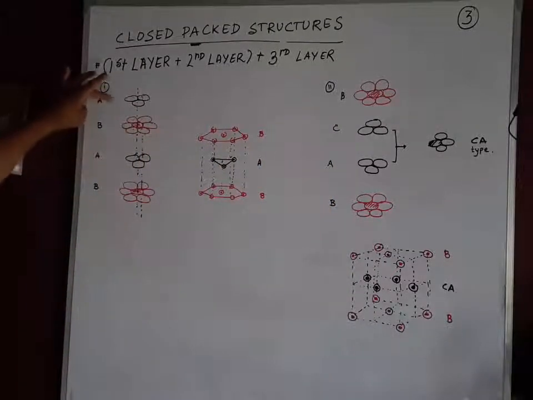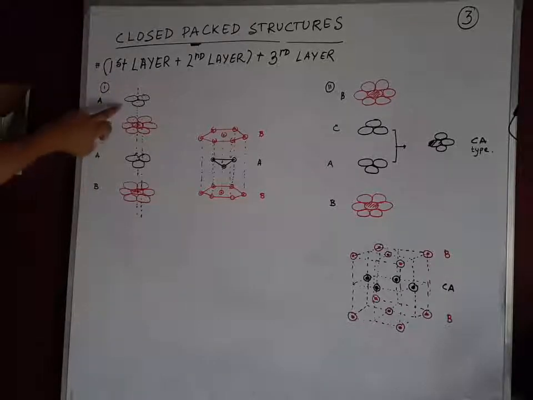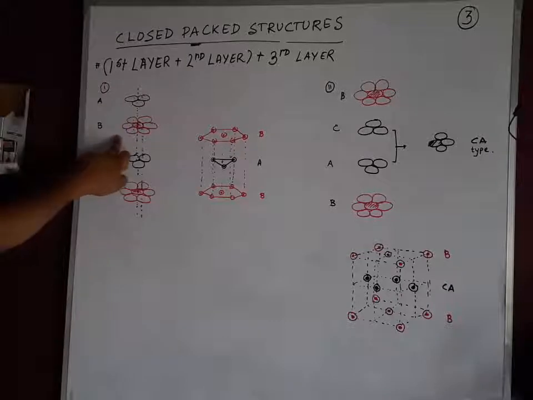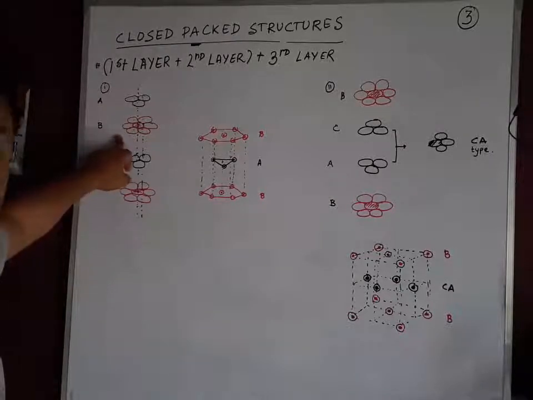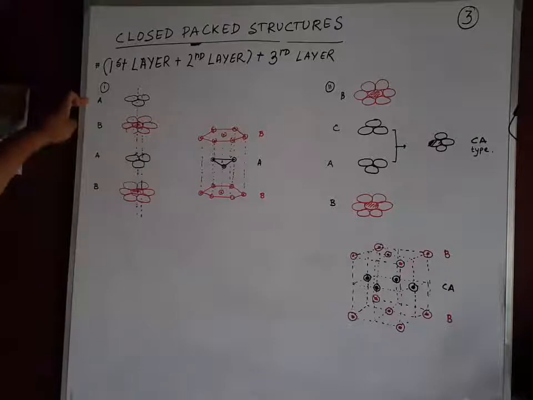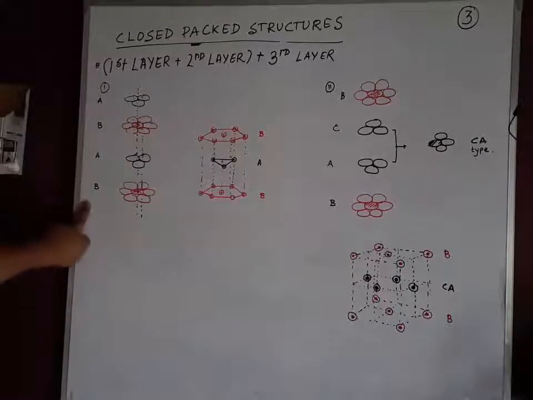Now, in this case, what is happening? We are getting a consecutive A. If we say this tetrahedral void is A, and this kind of hexagonal arrangement is B, then it's an AB type crystal structure.